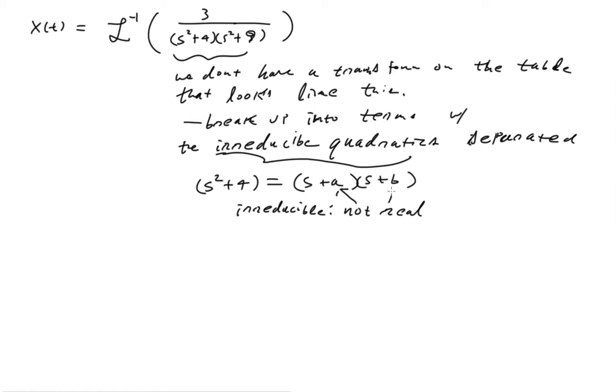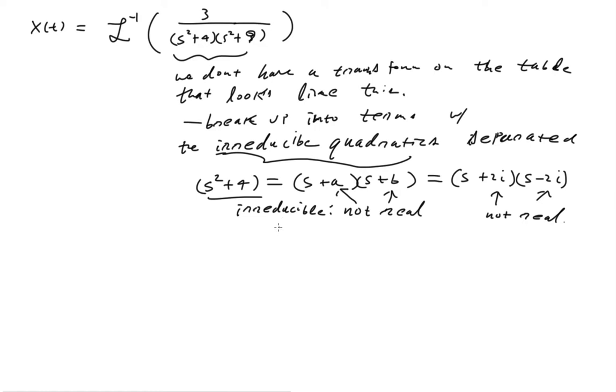So a and b are not real, and we know that's true. In fact, if you factor this into two binomial factors, it's going to be s plus 2i and s minus 2i. Okay, so of course those are not real. So that's what we call an irreducible quadratic.